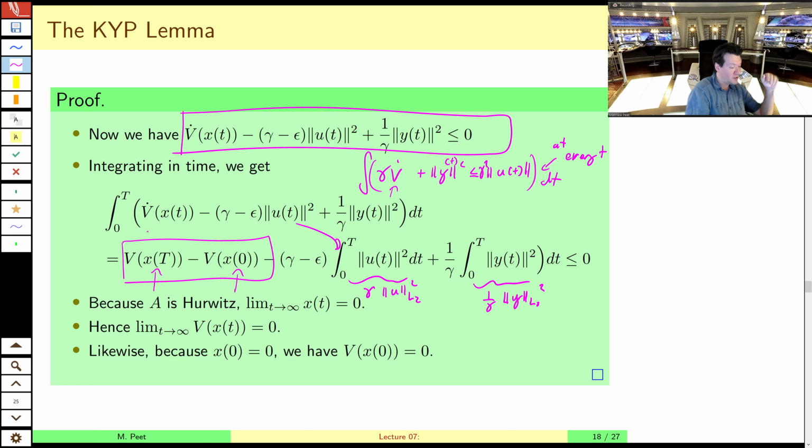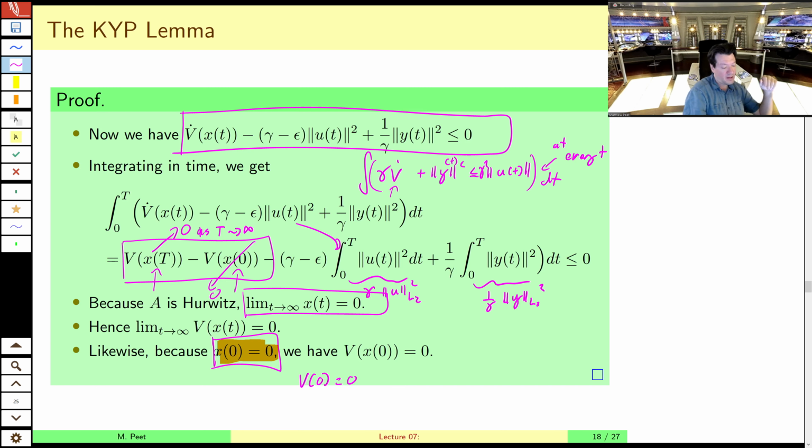And we've shown that it's Hurwitz, so we can actually take this limit as going to 0. So this term is going to go to 0 as t goes to infinity. And furthermore, because we assume 0 initial conditions, this term is also 0, because v of 0 is 0.